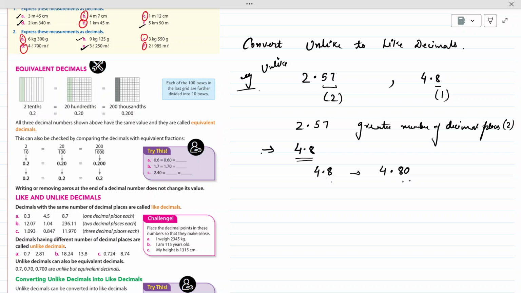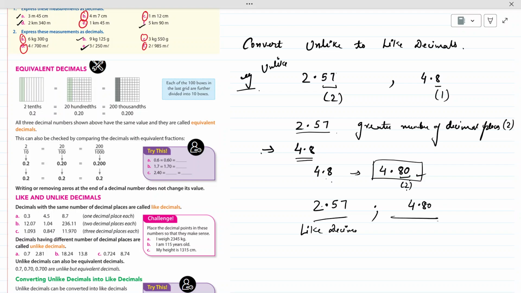But the number of decimal places is now increased to 2. So the number of decimal places of this new number 4.80 is equal to the given number 2.57. So now again I am writing 2.57 and 4.80. These are the like decimals.